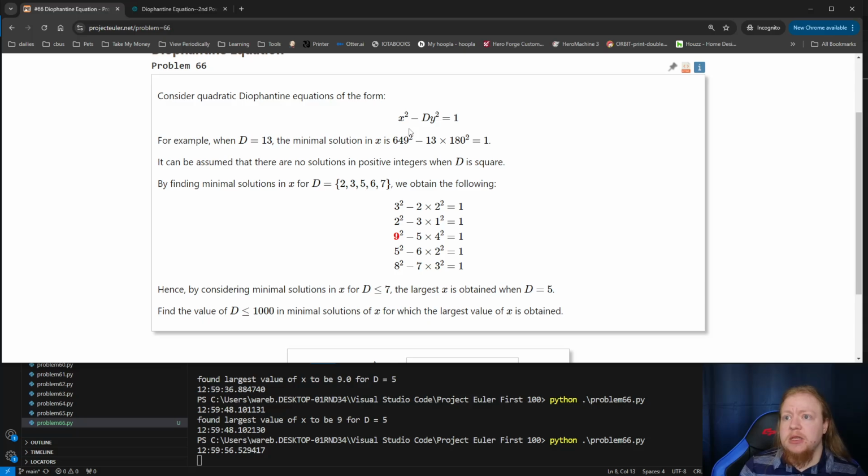So I have a D, I am looking for the minimal x. Smallest value of x that makes this a true equation. Doesn't matter what the value of y is, as long as it equates to an integer.